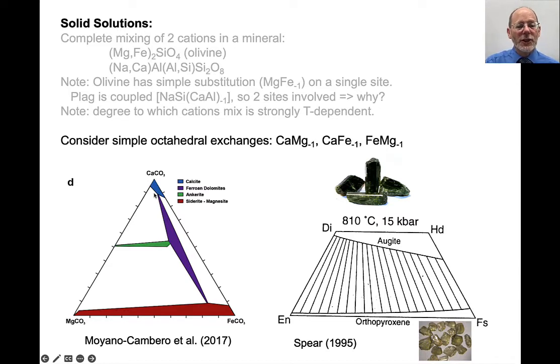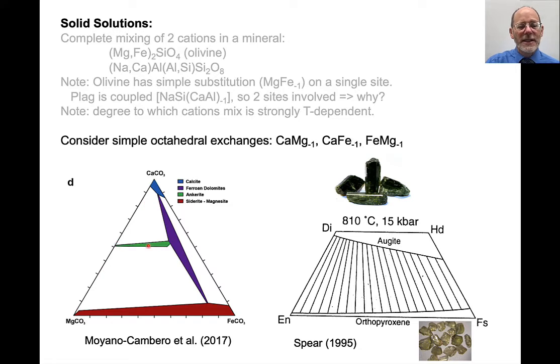Here I'm showing ternary composition diagrams. This is for the carbonates: calcium carbonate, calcite, magnesite, siderite. And we can see in magnesite-siderite, there's complete solid solution. So this dark field represents the field of mineral stability for magnesium-iron solid solutions, for magnesium-iron carbonates. This is dolomite, so it's about halfway between magnesite and calcite.